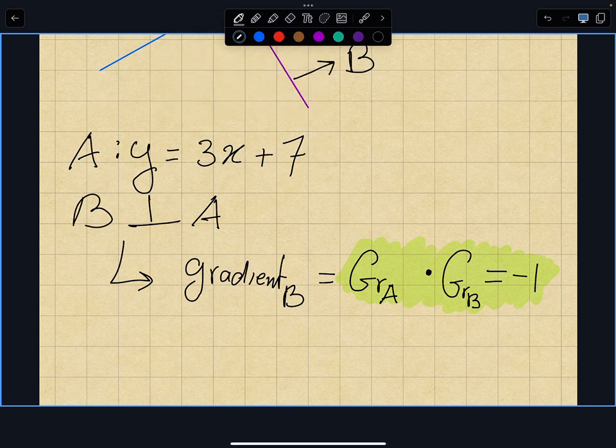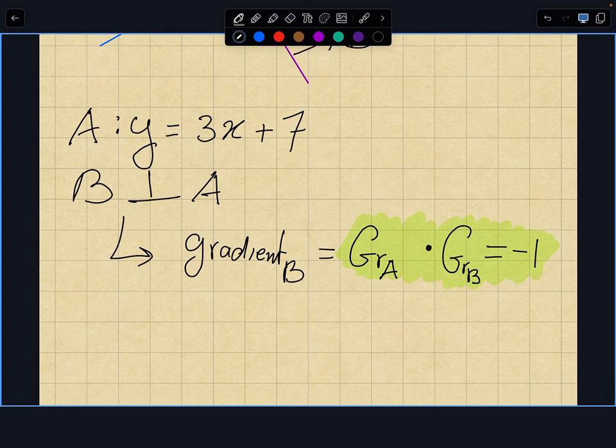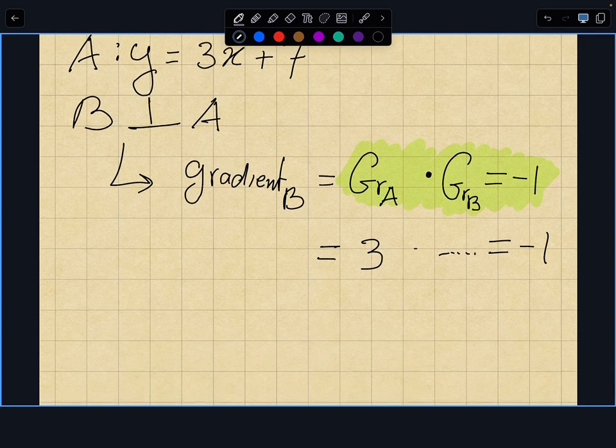Because what do I have? I have the gradient of A. That I do have. So what does the formula become? 3 multiplied by the gradient of B, which I don't know what it is, equals -1. 3 multiplied by what is -1?